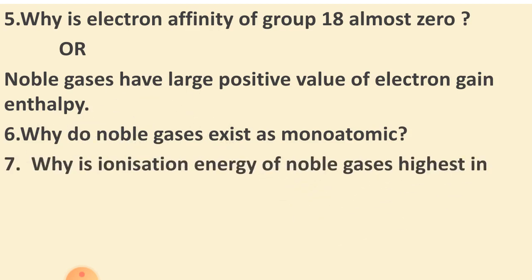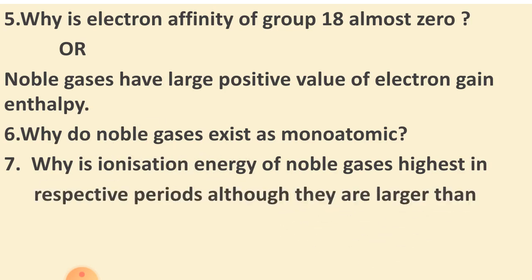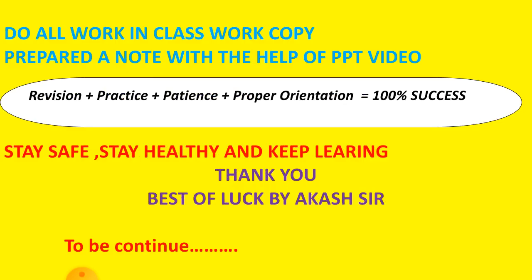This I also told you. Now question number 7, why is the ionization energy of noble gases highest in the respective period although they are larger than halogens? This I also told you. So from the PPT video, find the answer by seeing and listening to the PPT video properly.